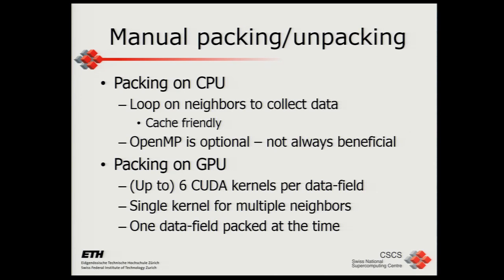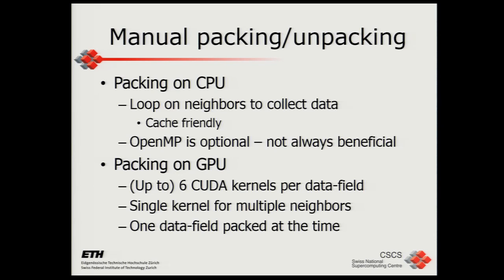Then on the GPU, we do something different. We basically have up to 6 CUDA kernels to pack data for different neighbors. Each task can have up to 26 neighbors, but we only have 6 CUDA kernels to pack data. And so this actually allows us to compress the computation more than a simple MPI implementation.